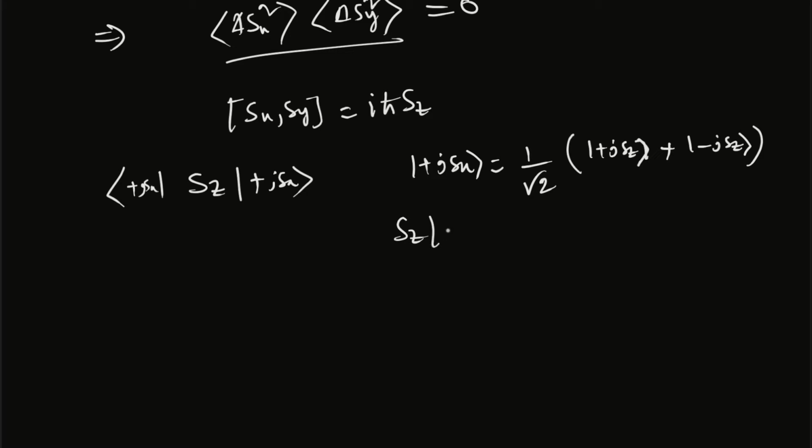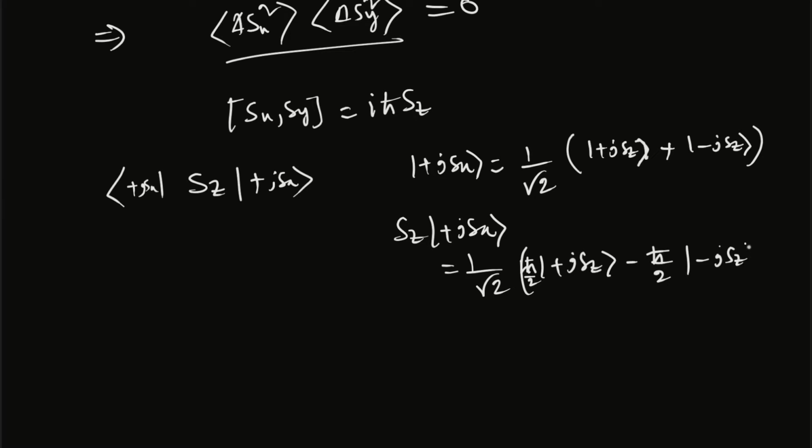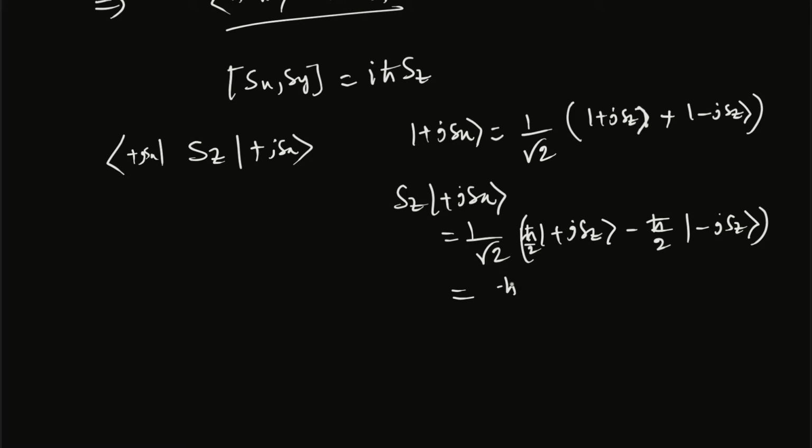If we operate Sz on this state, we get 1 by root 2 times ħ by 2 for |+z⟩, and operating Sz on |−z⟩ gives minus ħ by 2 times |−z⟩.